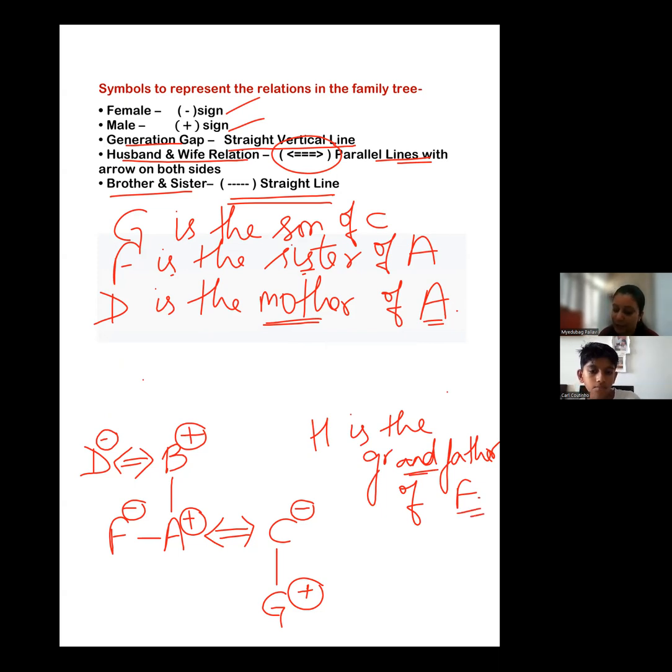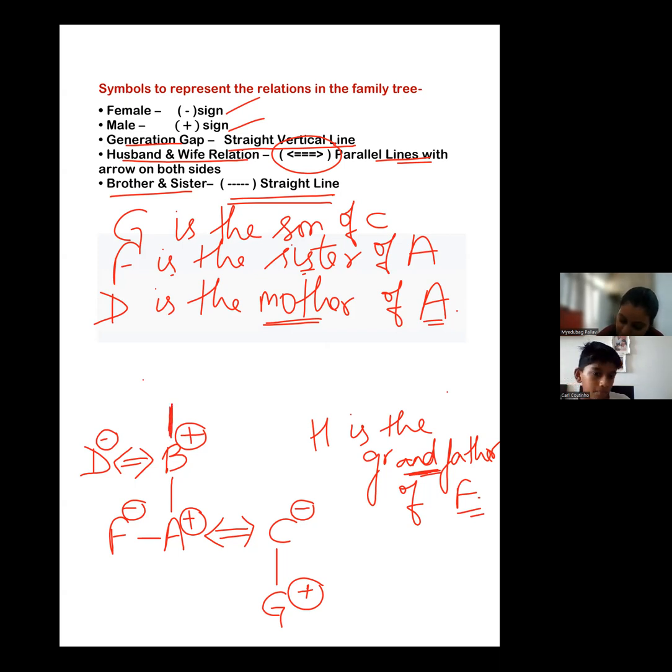One more thing: when it is not mentioned whether they are paternal or maternal grandfather, we always consider it to be paternal, from the father's side. So we'll keep the grandfather as father of father, unless it is mentioned otherwise.